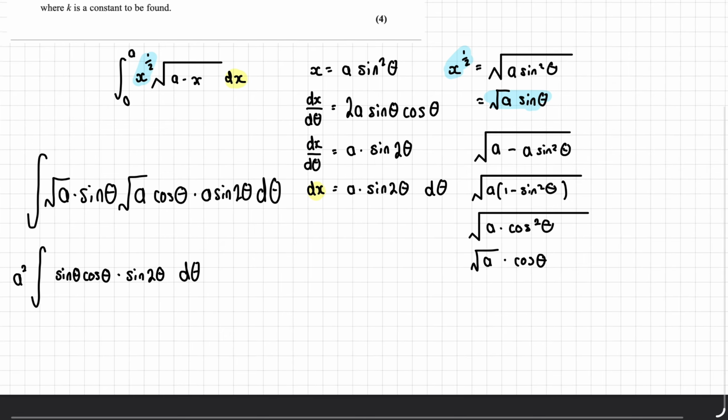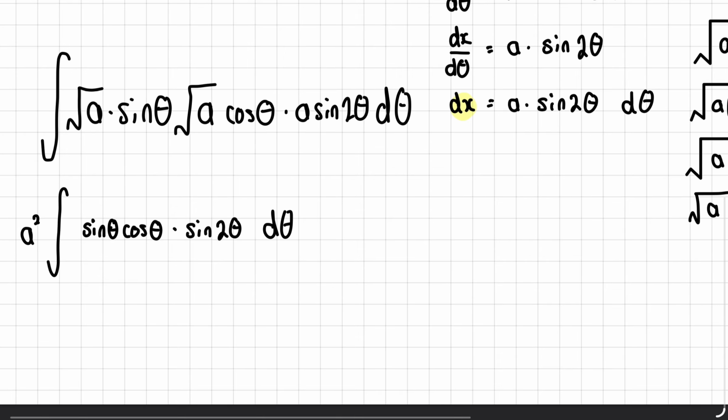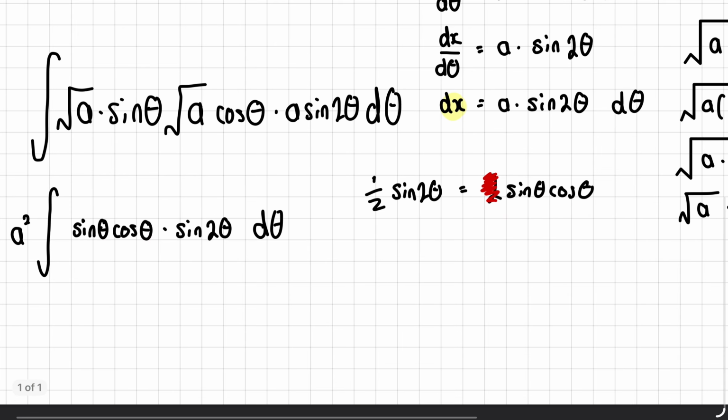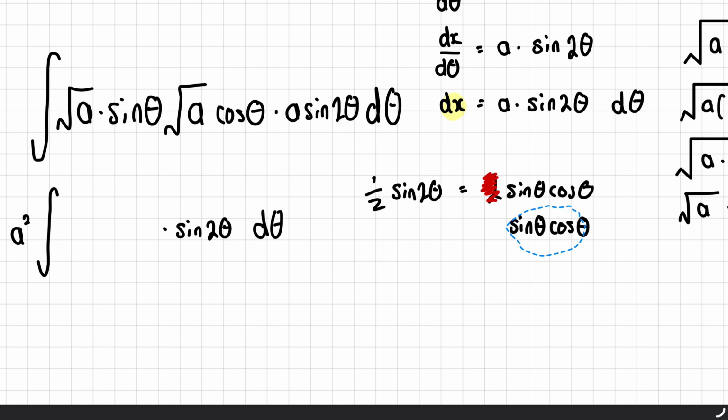And we used this earlier, well, I didn't write it by reference there. Sine 2 theta equals 2 sine theta cos theta. So if I halve both sides, so that goes away, we get the following here. So I can replace this sine cos theta with this here.